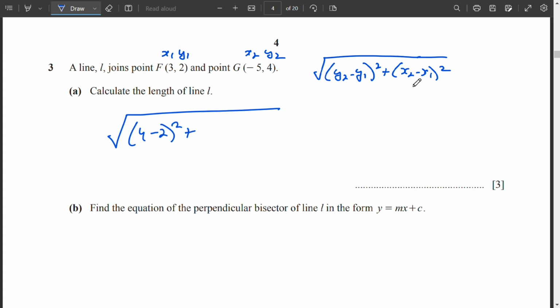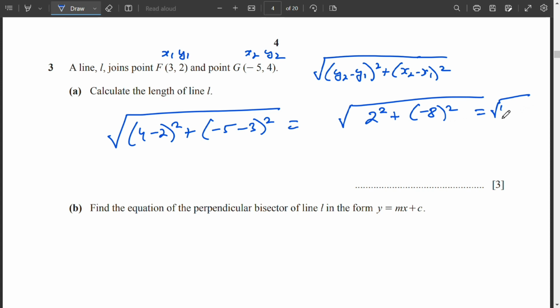So (4 minus 2) whole squared plus x2 over here is minus 5 minus x1 is 3, so (minus 5 minus 3) whole squared. So 4 minus 2 is 2, 2 squared plus minus 8 whole squared. Actually, this is the square root of 4 plus minus 8 whole squared, which is 64. So that's the square root of 68.